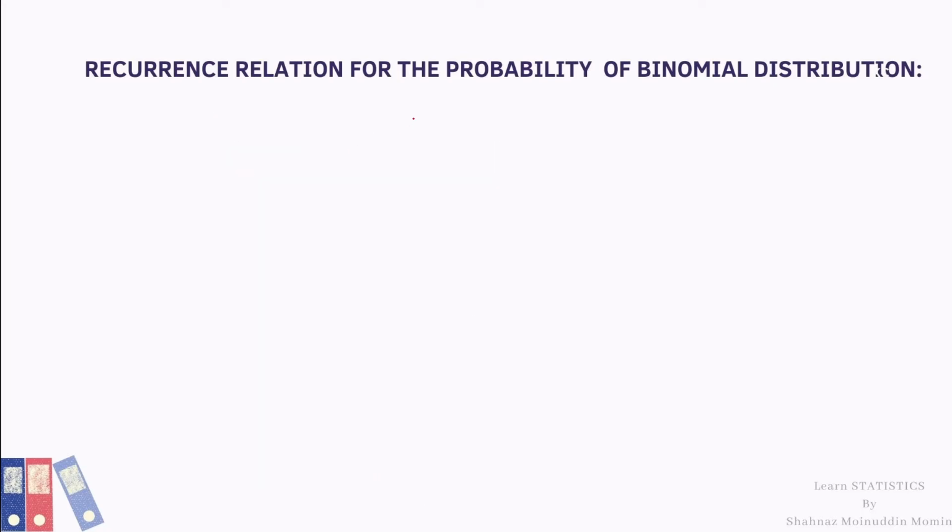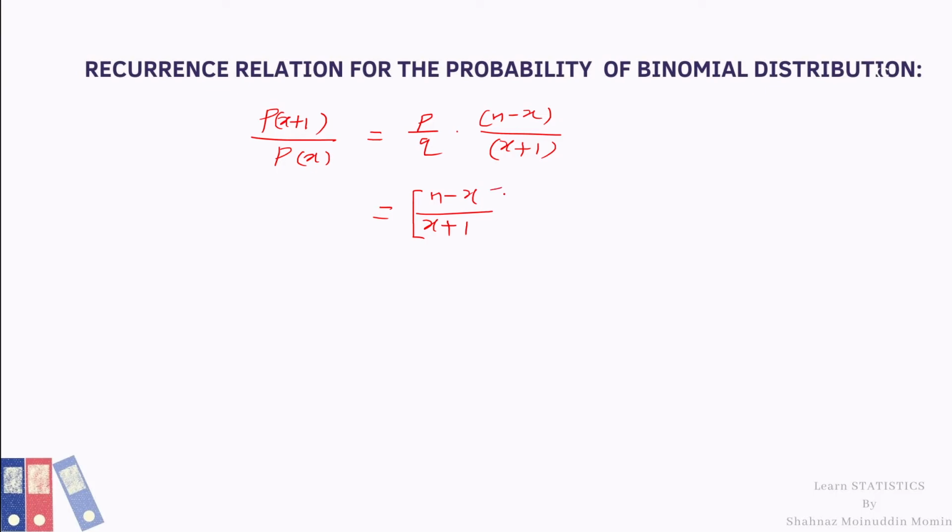So we get probability x plus 1 upon probability x is equal to p upon q into n minus x upon x plus 1, which is equal to n minus x divided by x plus 1 into p upon q.